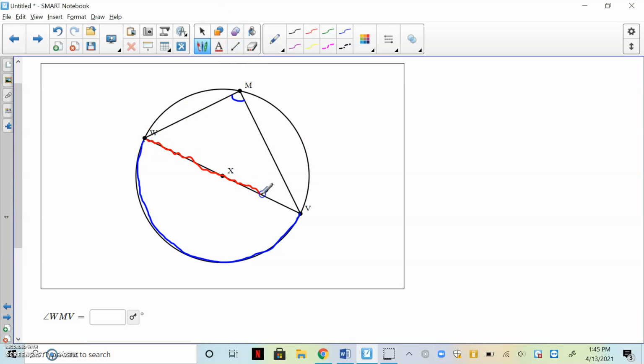I'm going to go squiggly because I know I can't draw a straight line. So this is a diameter, and the reason I know that is because it goes through the center of the circle. Okay, so if I have a diameter whose endpoints are the endpoints of my angle and the arc, that tells me that this circle has been split in two.